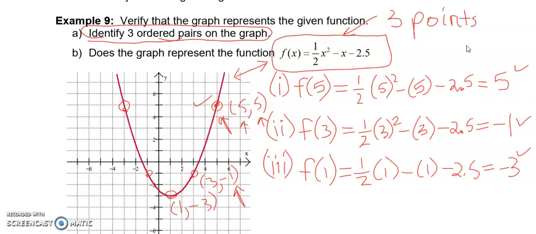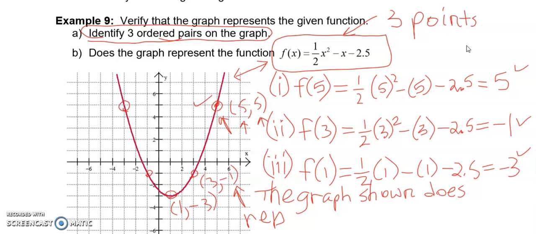So anyway, we've tested 3 points. All 3 points turned out to be solutions to the equation, and because of that, now we can say beyond a shadow of a doubt that this graph shown does represent, or is the same thing as, the function f of x.